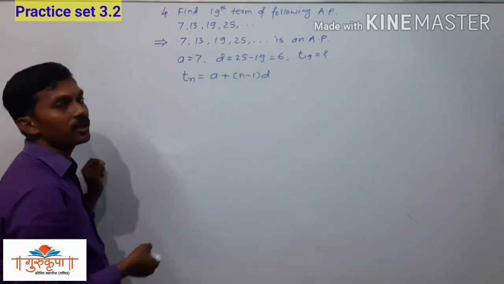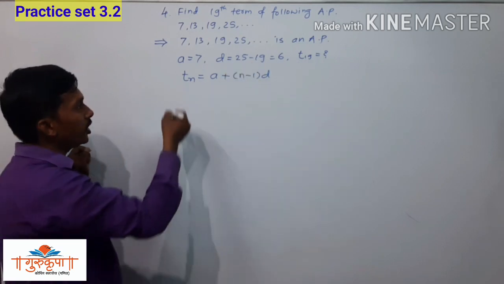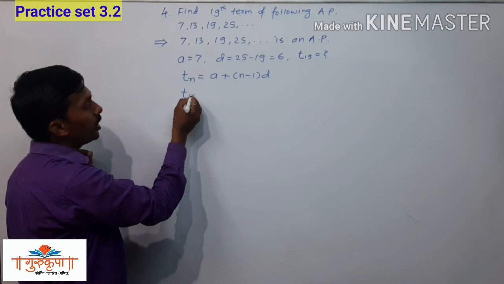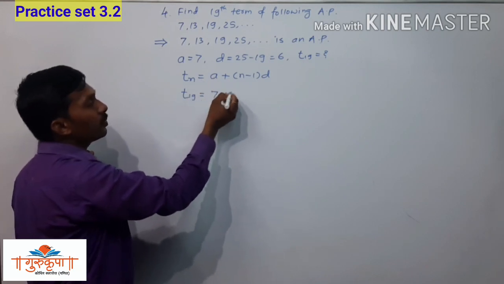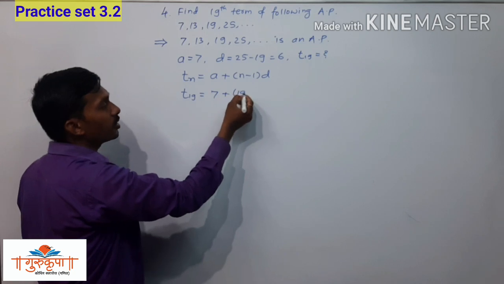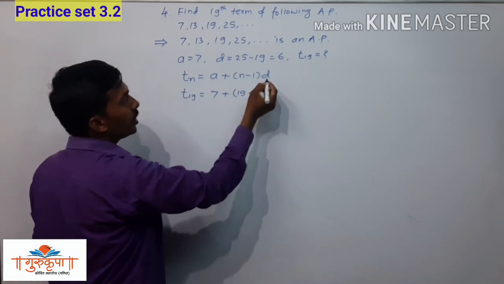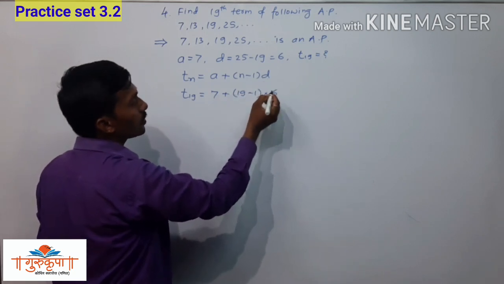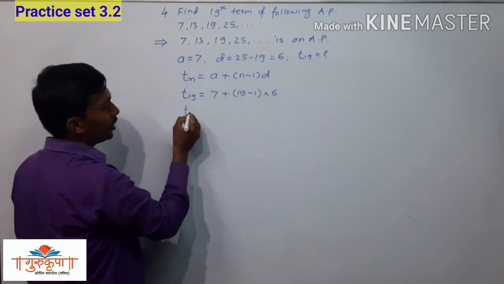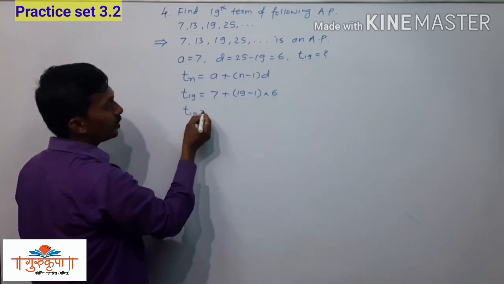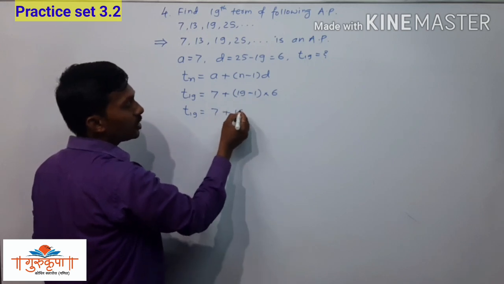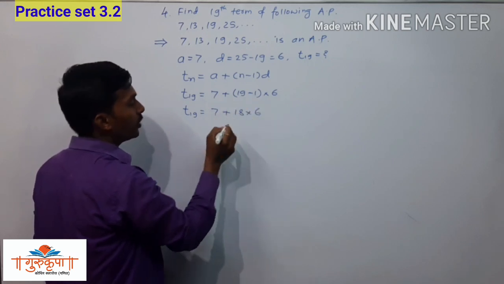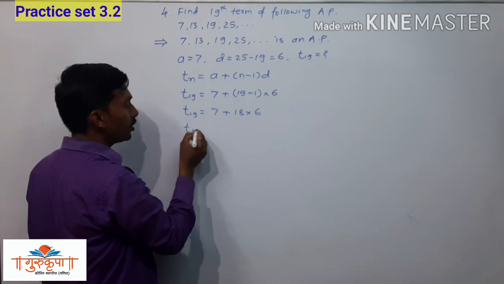Since we have to find the 19th term, putting n equal to 19 here, T19 is equal to the value of A, which is 7, plus the value of n, which is 19, minus 1, into the value of D, which is 6. Now calculate it. This 7 remains as it is, plus 19 minus 1 is 18, multiplied by 6. First take the product.